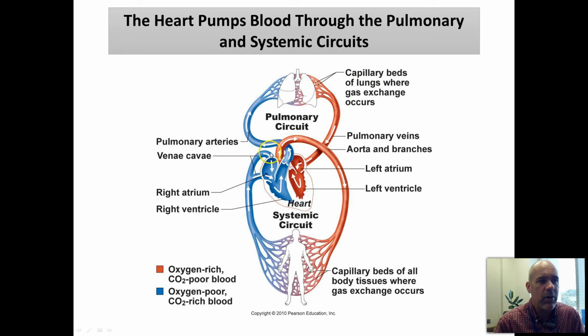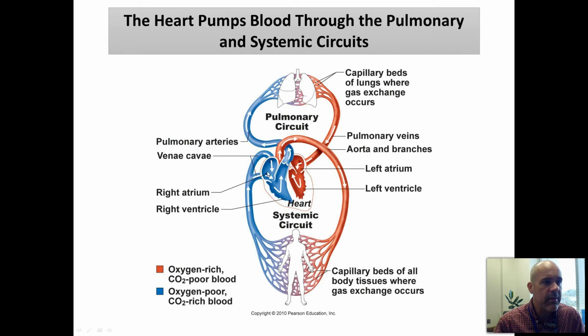Here's our pulmonary and systemic circuit diagram that we've taken a look at before. If you imagine a drop of blood that's here in the right atrium, and let's say we want to send it down to the lower part of the leg and then back to the right atrium, what we expect you to do is learn the major arteries and veins through which that blood would pass to go to that area and come back to the heart.